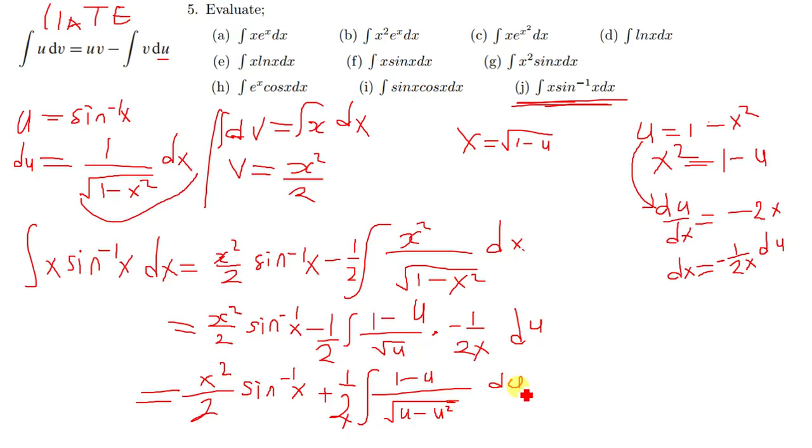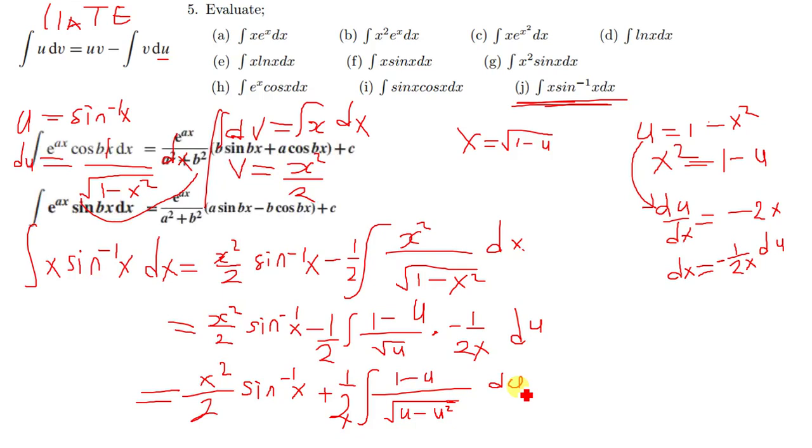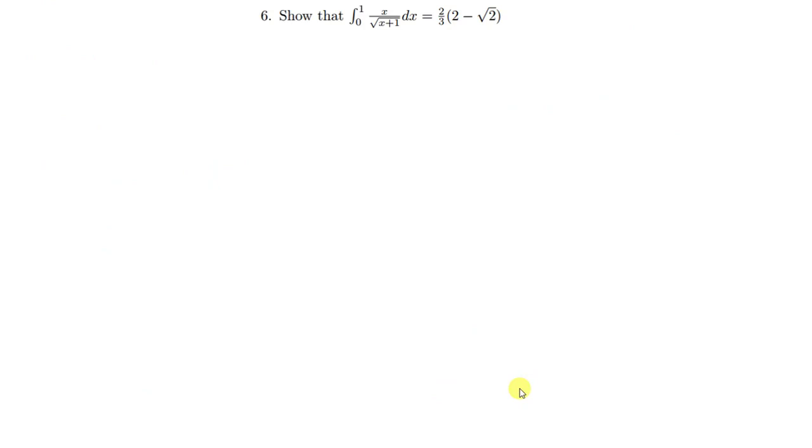So let's move on to the next question. We'll see what's there. This is question 6. Question 6 is saying show that the integral of this is equal to that.